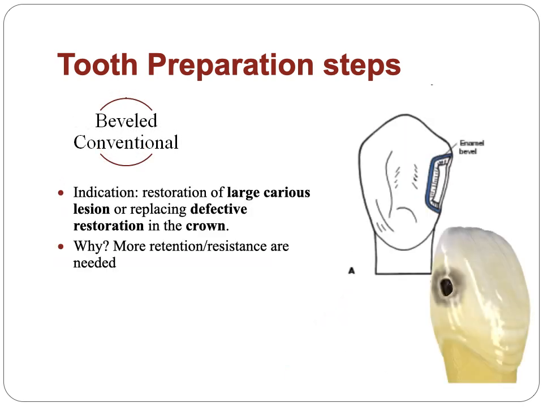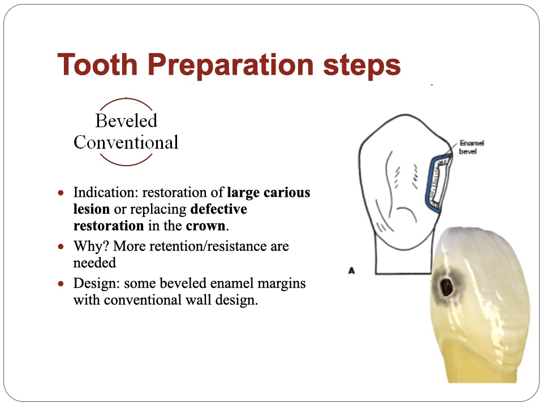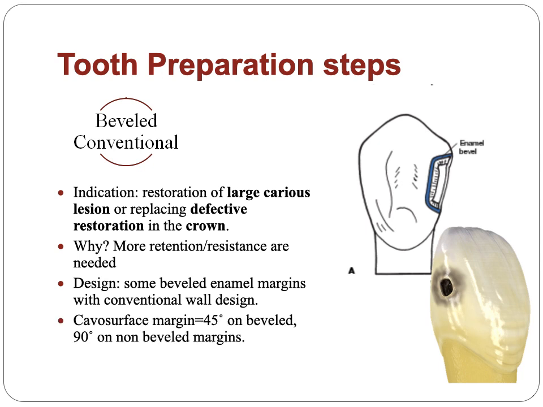Now the other design that we will speak about is called beveled conventional. So the conventional was on the root surface. Beveled conventional is usually indicated when we restore a large carious lesion or replace a defective restoration in the crown. And usually it has the same design as conventional. However, we will use some beveled enamel margins.